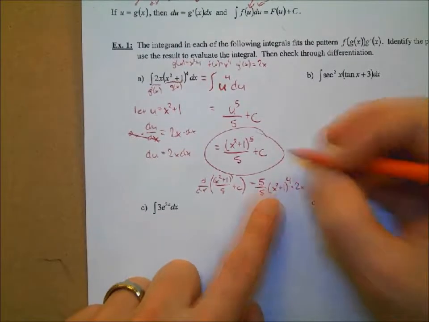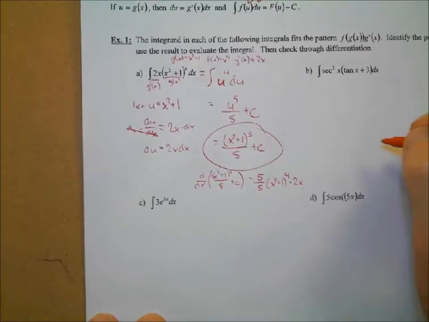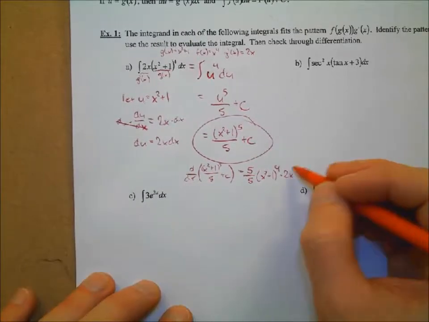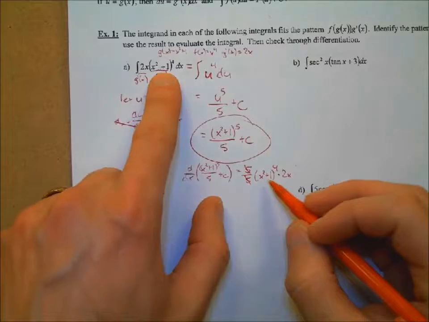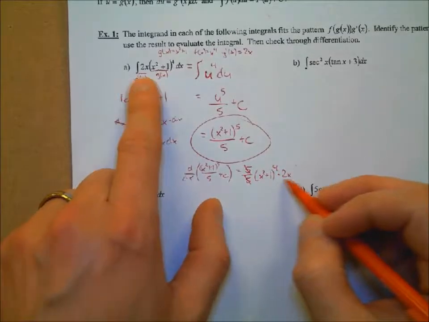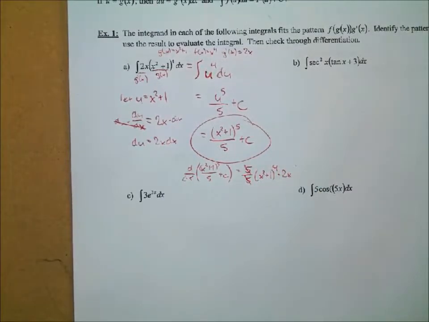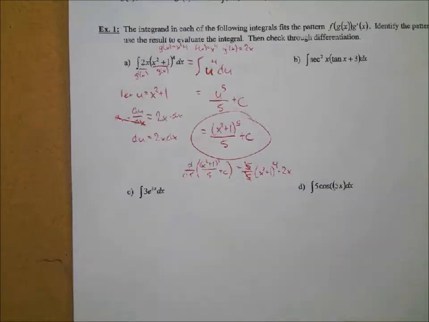And what's the derivative of c? 0. It's gone. And so you can see the 5 and the 5 cancel out. There's going to be 1. And there's the x squared plus 1 to the 4th times the 2x right there. So you can see that the derivative checks our work and shows that, in fact, this is the correct answer. All right? Yes, Gabe.